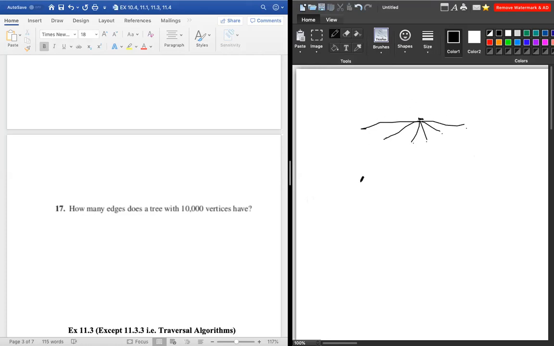So the number of edges E equals n minus 1, where n is the number of nodes. This is a general rule. So here if we put n equals 10,000 minus 1, then E equals 9999.